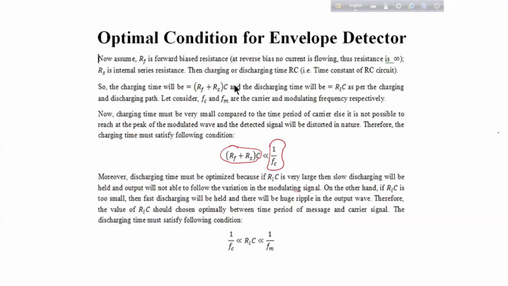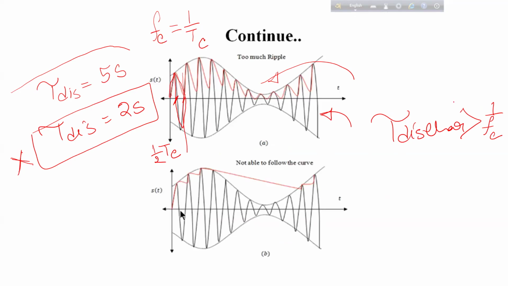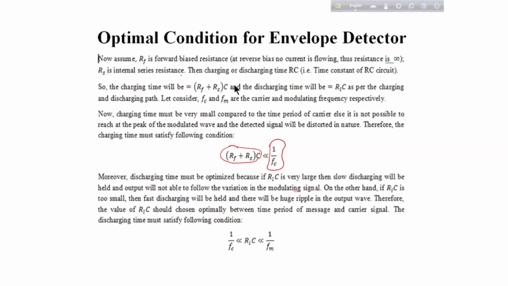Tau discharging should be greater than, it should be higher than 1 by Fc.